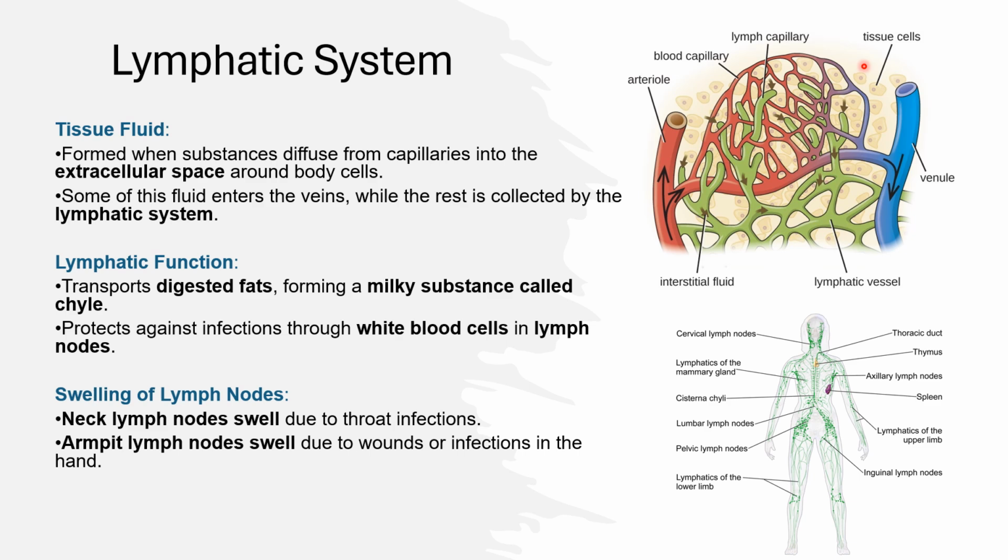This extracellular fluid enters the capillaries of the veins, while some of it is collected by the lymphatic system. The lymphatic system has lymphatic vessels, and they branch further into lymph capillaries. So some of the extracellular fluid enters the vein capillaries, while some of it enters the lymph capillaries.